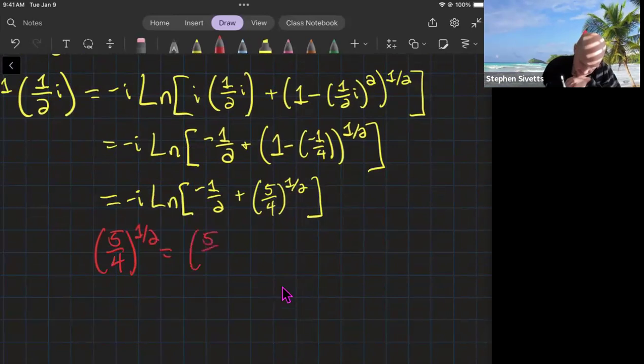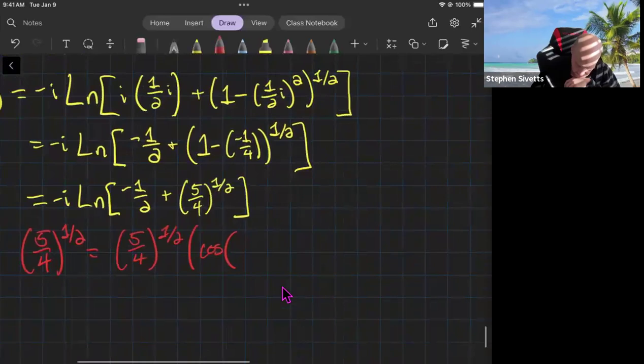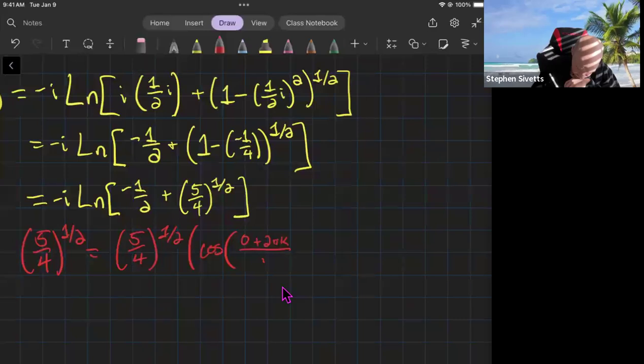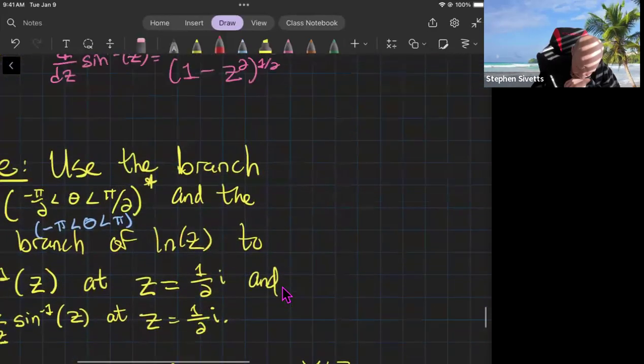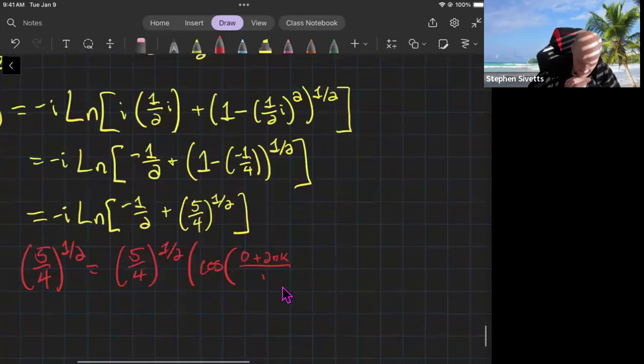It's literally just 5/4 to the 1/2 times cosine of (0 plus 2 pi k) over n, so over 2, excuse me.